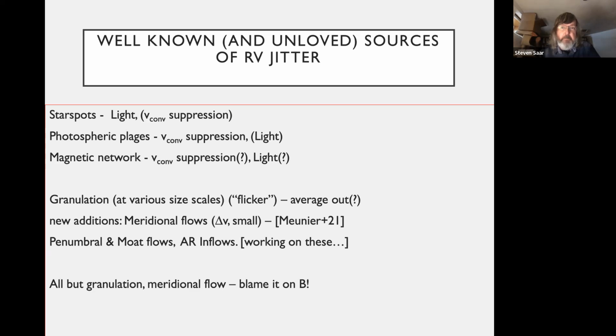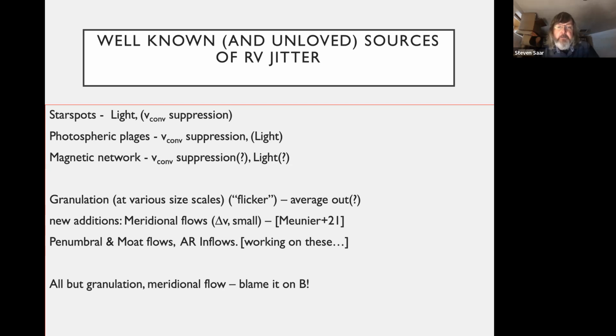There are many well-known and unloved sources of RV jitter: star spots, plages, magnetic network, granulation, meridional flows more recently, and also there's other flows that I'm working on, the penumbral and moat flows and active region inflows. But actually, almost all of these, except for the granulation and meridional flow, you can blame on magnetic fields.